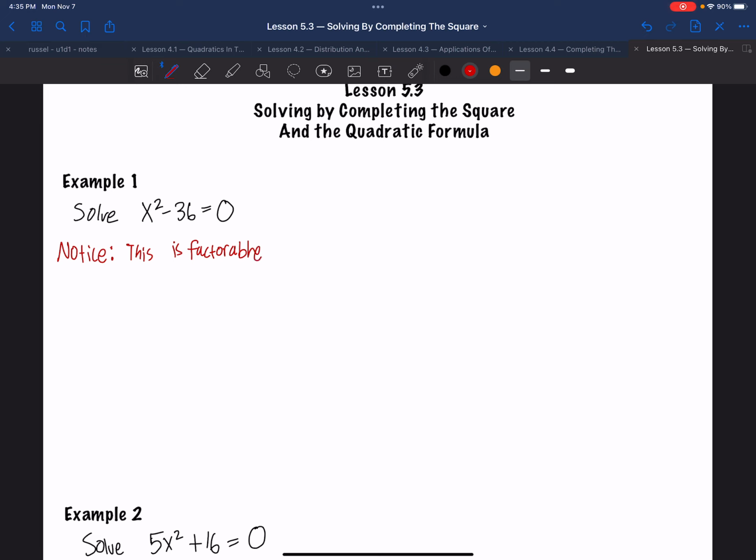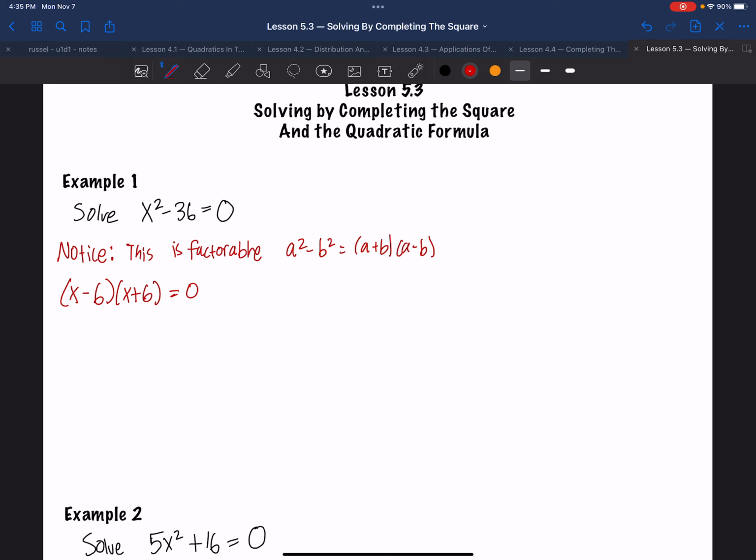Okay. Now, if you remember the difference of squares identity, right? This is a squared minus b squared equals a plus b times a minus b. So you can factor if you do x minus 6 times x plus 6 equals 0, right?